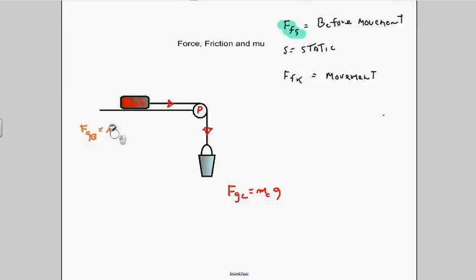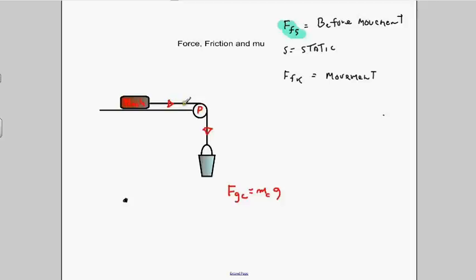So let's go on. Let me erase this. Right this moment in time, we do not care about the weight of the block. We will, but not yet. Right now, I just want to point out a few things. Right now, with no pennies in the cup, here's the center of what I'm going to call my little tug of war. Don't forget, all the pulley is doing is redirecting force.